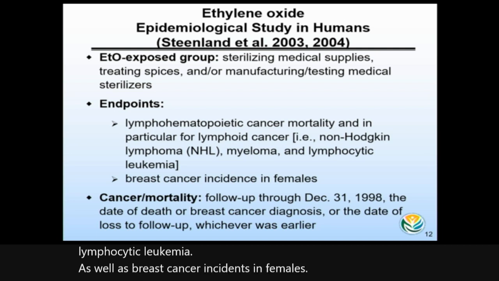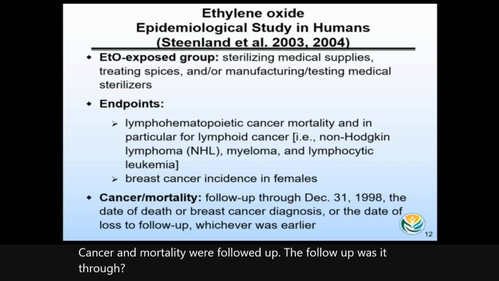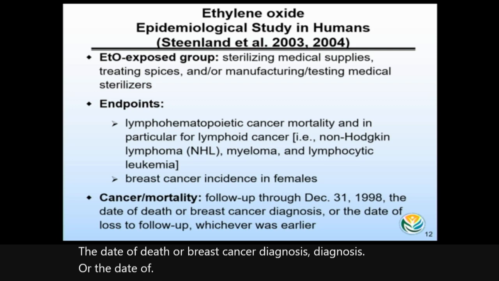Cancer and mortality were followed up. The follow-up was through December 31st, 1998, the date of death or breast cancer diagnosis, or the date of loss to follow-up, whichever was earlier.